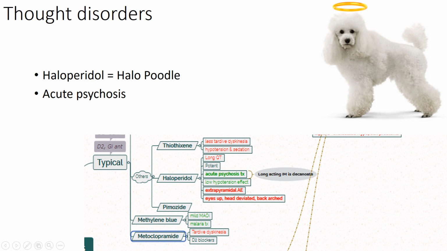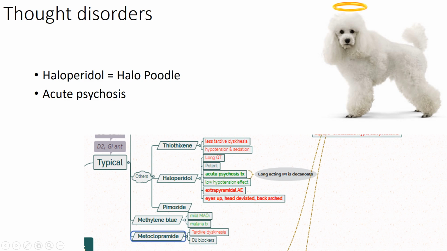In fact, it'll even have its eyes rolled up in its head all scary, and its head will be deviated off to one side, and its back will arch up all scary. This is a scary psychotic poodle. Hopefully it'll help you remember the symptoms of haloperidol overdose: your eyes roll back in your head, your head becomes deviated, and your back becomes arched.